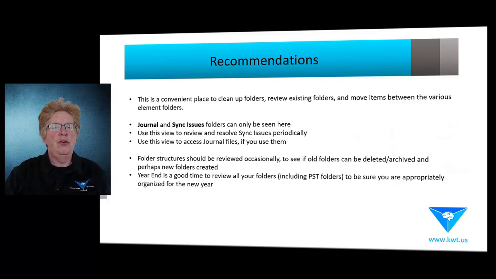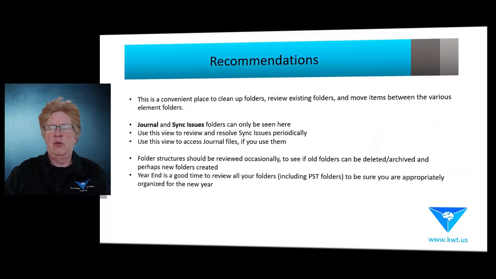There are two folders that are only seen here within the folder management window, and that is for journal entries and for syncing issues. So if you use journaling, you will want to go in here to find your journal files. Although those can be added to your quick access toolbar or your customized ribbon to have easier access to them, they will always show up here as well.